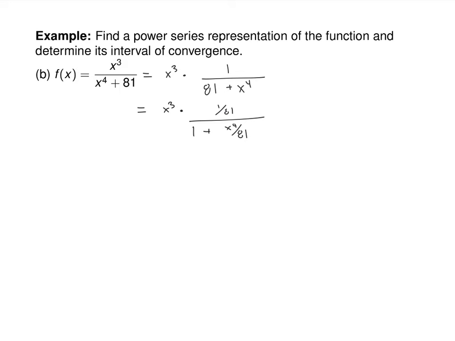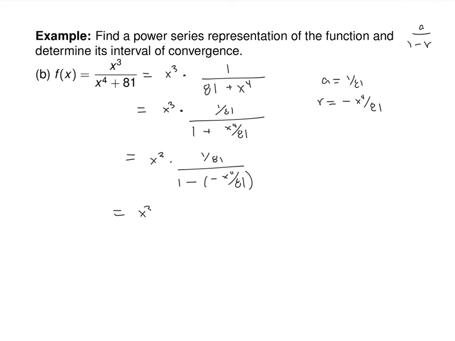And so one more step, let's think about that as x to the third times 1 over 81 over 1 minus negative x to the fourth over 81. Now this is of that geometric series form, a over 1 minus r, and the a will equal 1/81st, and the r will equal negative x to the fourth over 81.